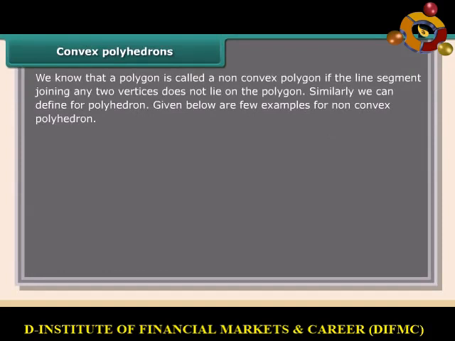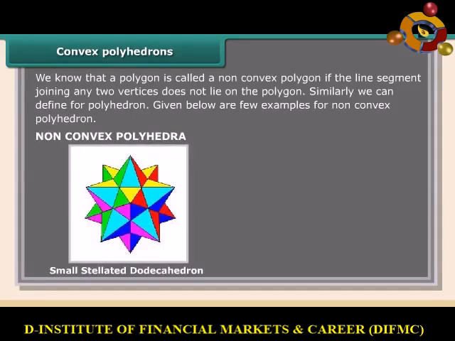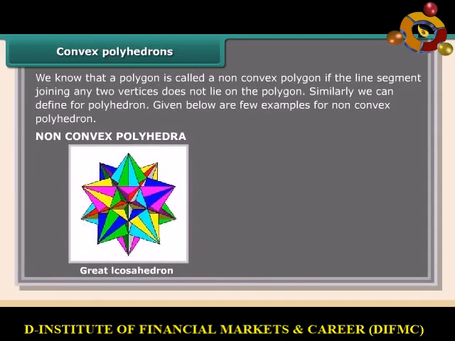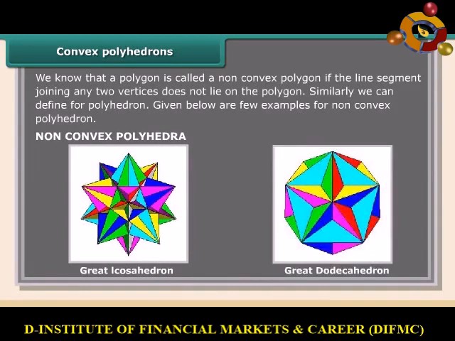Similarly, we can define non-convex polyhedron. Given below are few examples of non-convex polyhedra: small stellated dodecahedron, great stellated dodecahedron, great icosahedron, great dodecahedron.